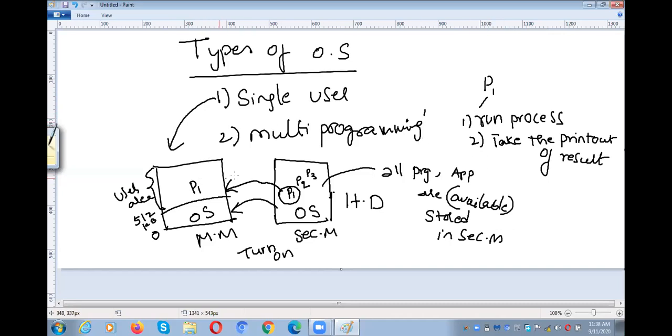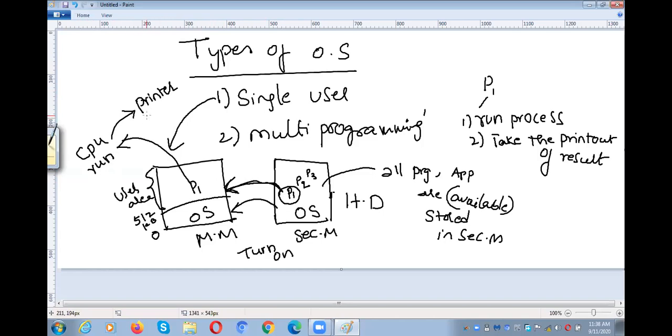So whenever you want to run the process, it needs to be loaded from secondary memory to main memory. Once it is available in the main memory, the operating system will allocate this process to the CPU: okay, CPU, run your process 1. After the execution is over, we need to take the help of the printer to take the printout.